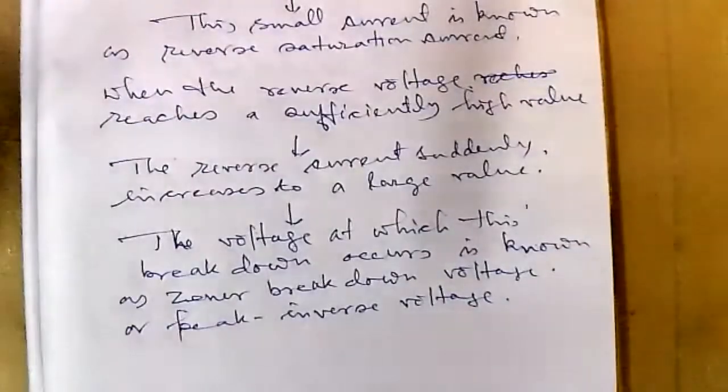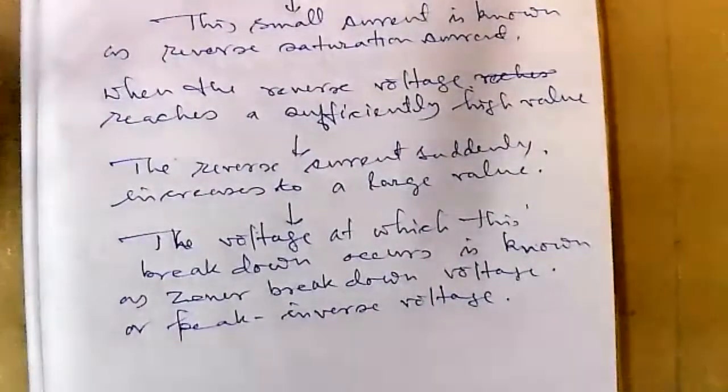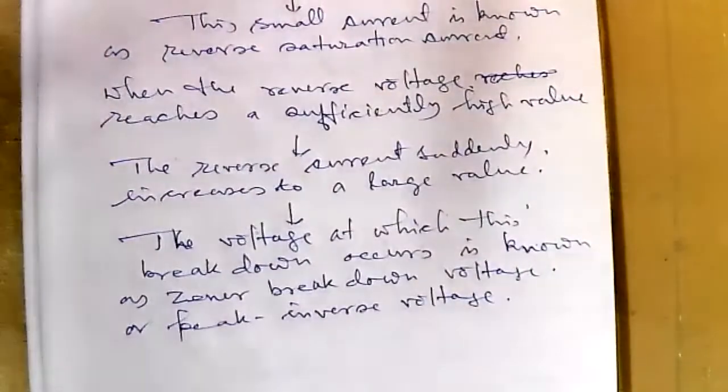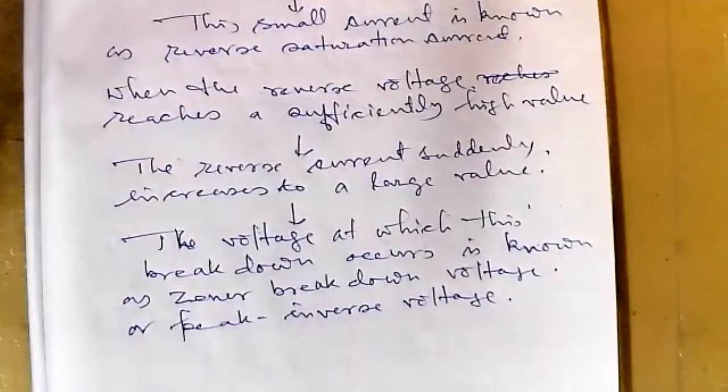So when you go to higher classes, if you study physics, you will learn that there are basically two types of breakdown. One is the general breakdown, which is somewhat controlled. Another is called avalanche breakdown. We are not going into details of that at this level.